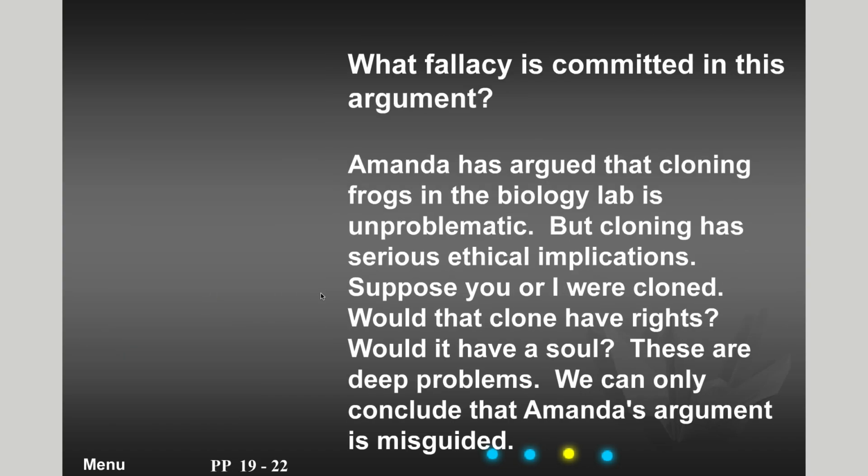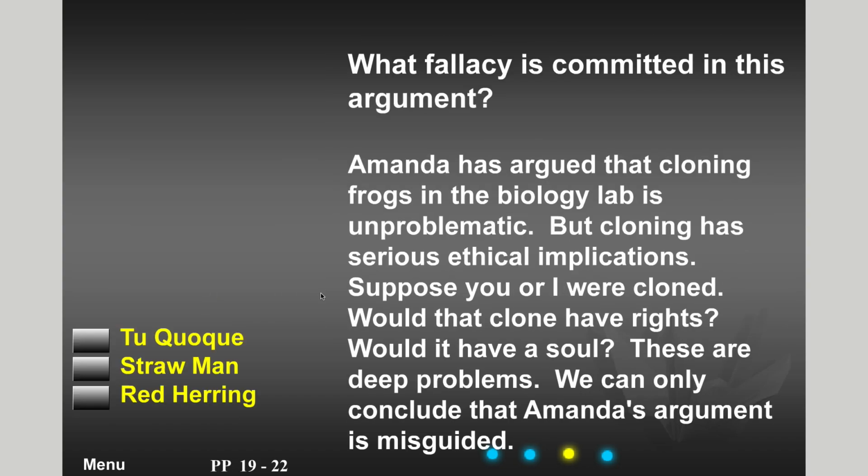Amanda has argued that cloning frogs in the biology lab is unproblematic, but cloning has serious ethical implications. Suppose you or I were cloned. Would that clone have rights? Would it have a soul? These are deep problems. We can only conclude that Amanda's argument is misguided. Okay? So, we see what's happening here. There are indeed these kinds of arguments, that once we start cloning frogs, then we might clone human beings.